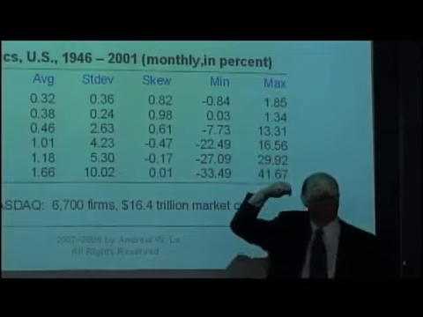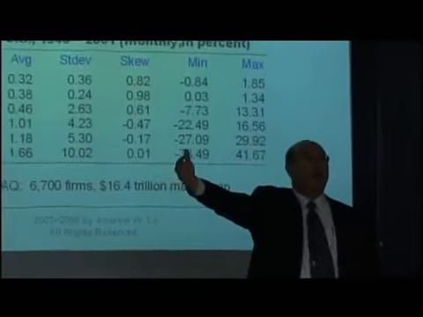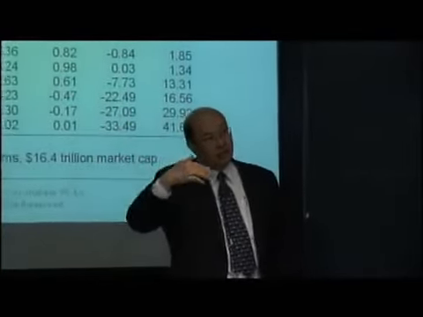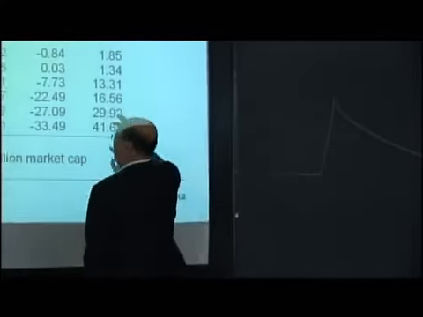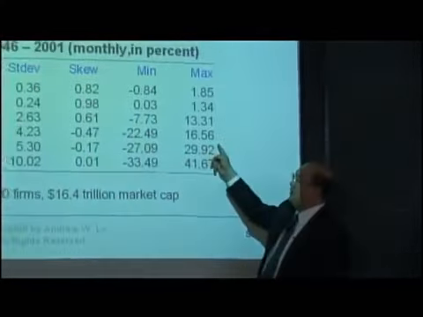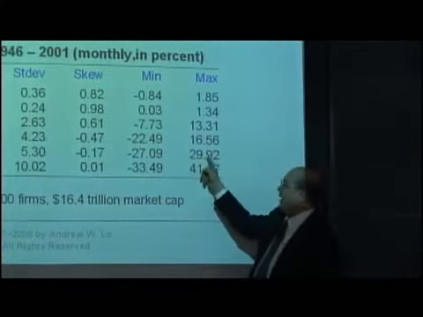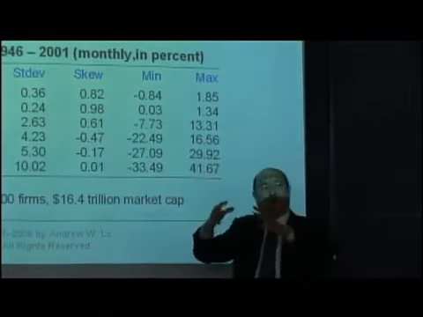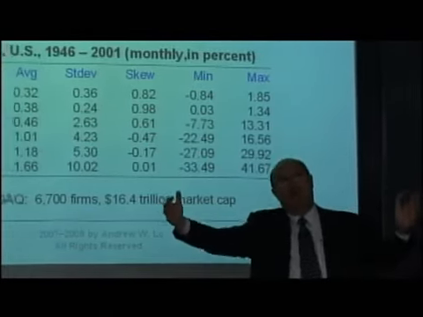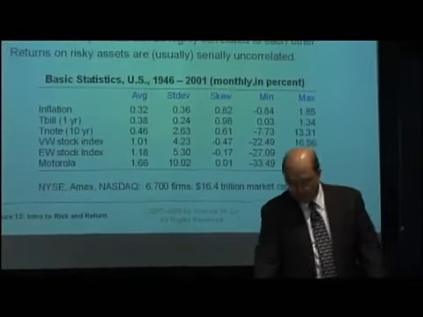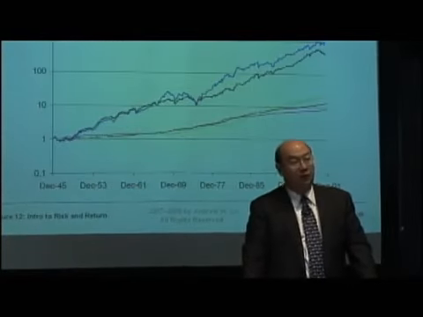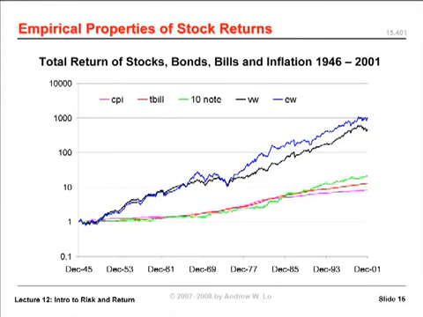So the longer the maturity, the longer the duration, the riskier is the instrument, right? But if you take a look at the value-weighted return and the equal-weighted return, and then Motorola, you can see progressively more and more risk involved in these kinds of securities, okay? Now, if you look at their compound growth rates, you get what you pay for, right?